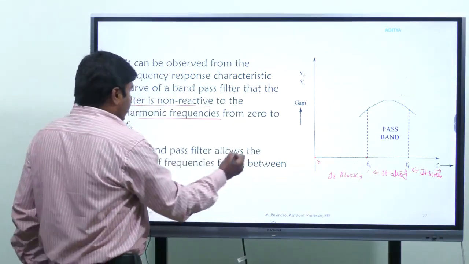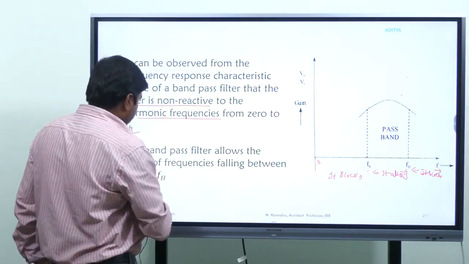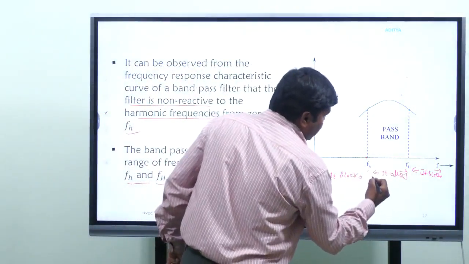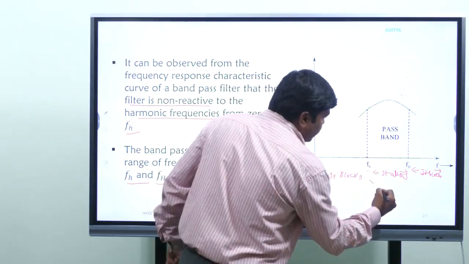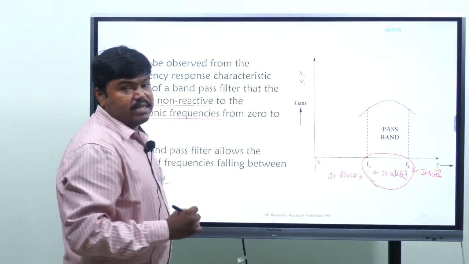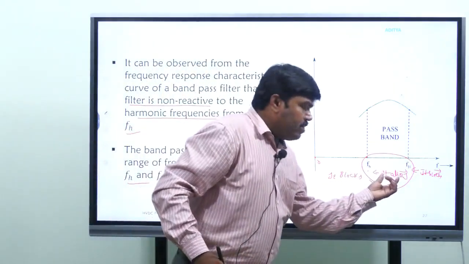The band pass filter allows the range of frequencies falling between small fh and capital FH. Only if the order of harmonics is in that range does it allow them to pass through.